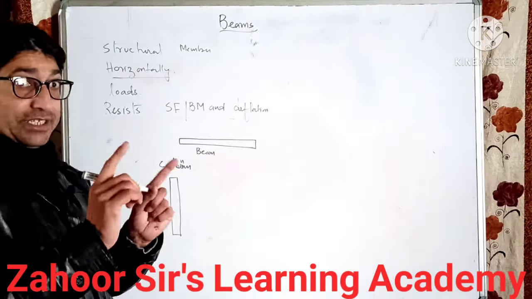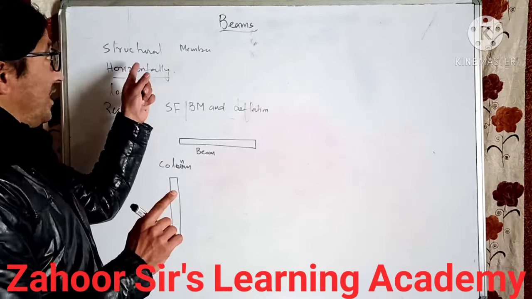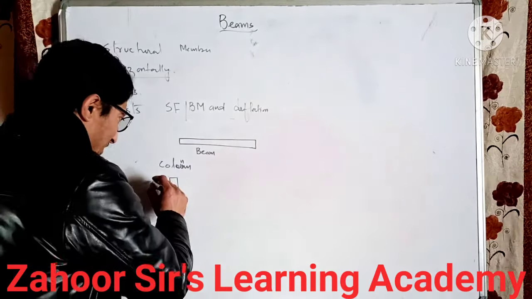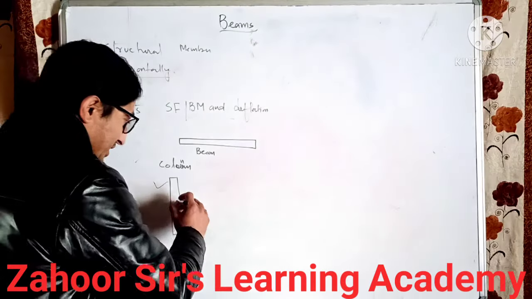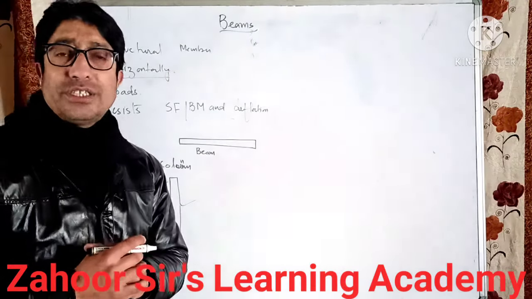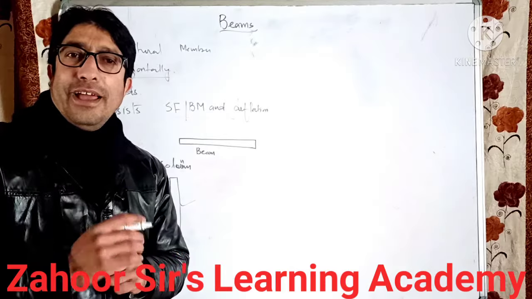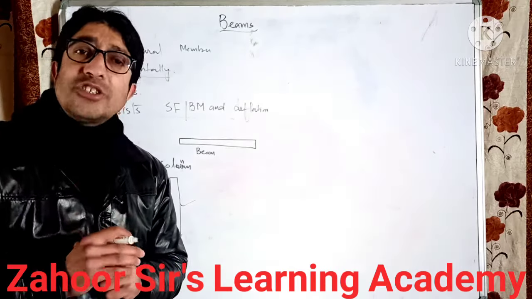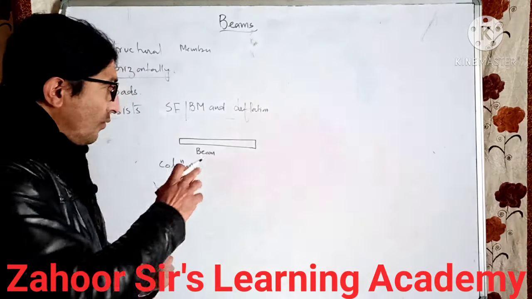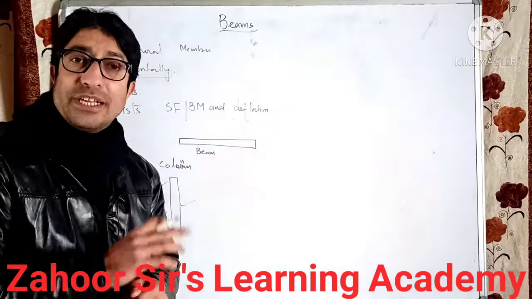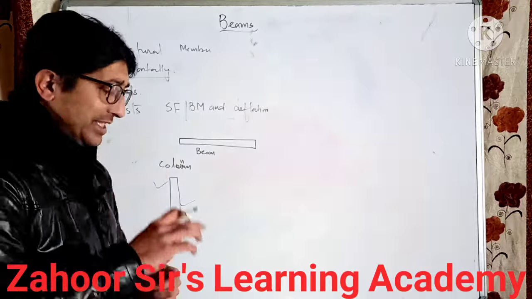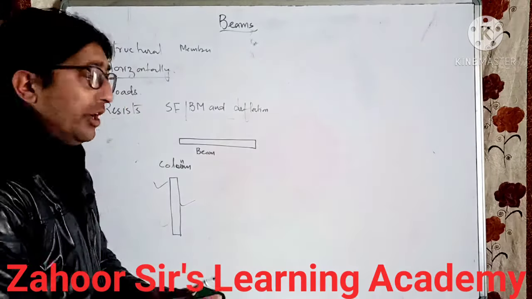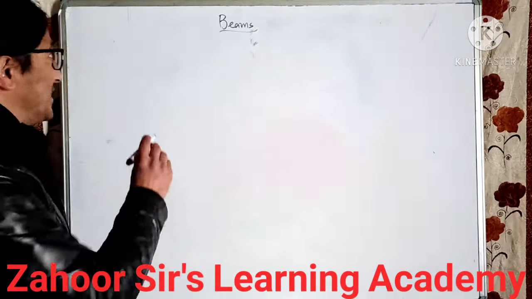Most of the things are similar: column is used in structures and it carries loads. Both are used in structures. Now, would you like to know more about beams? Because the topic is only beam, not the column. Now let's try to find out more about beams.